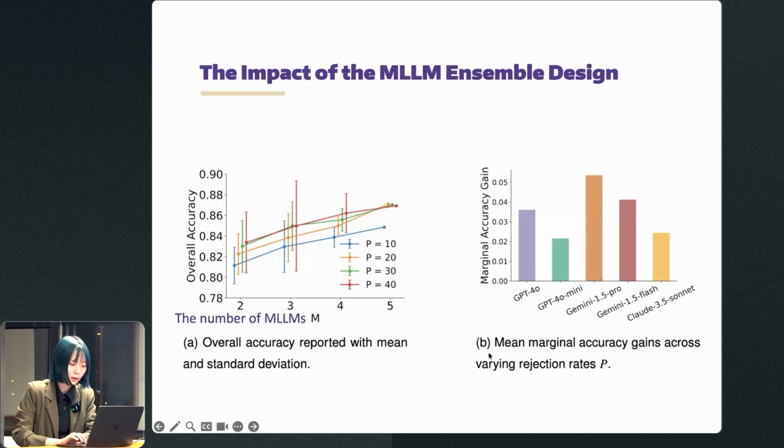And also we evaluate the mean marginal accuracy gains of different large language models. Based on these results, we can find that in the same large language model families, like GPT-4o versus GPT-4o mini and Gemini 1.5 Pro versus Gemini 1.5 Flash, the models with larger parameter size can achieve better marginal accuracy gains.